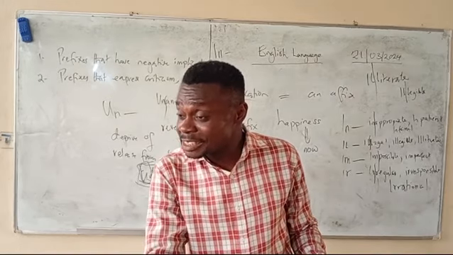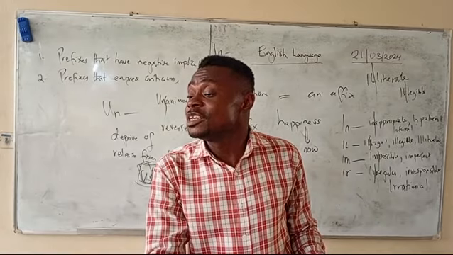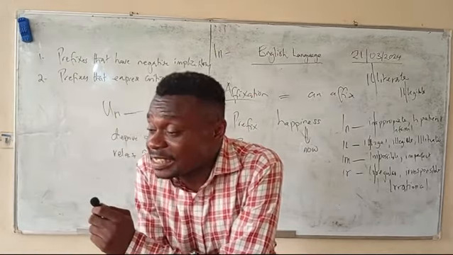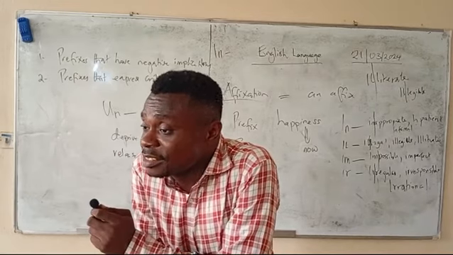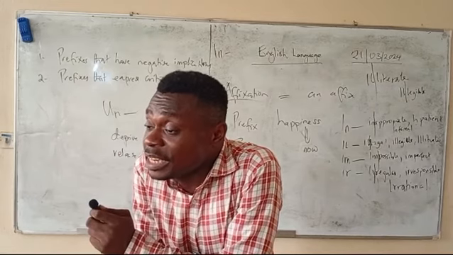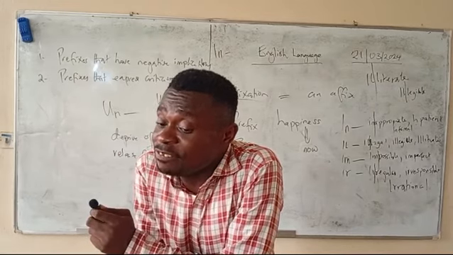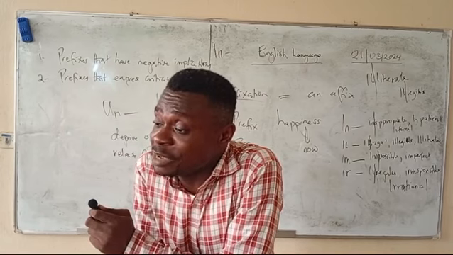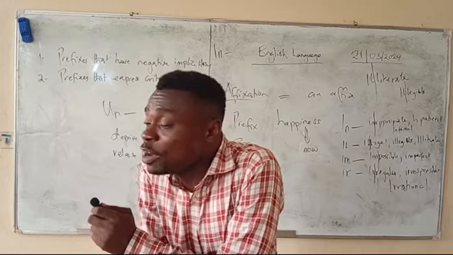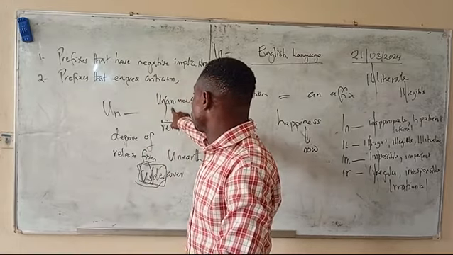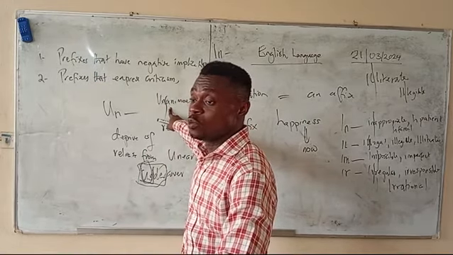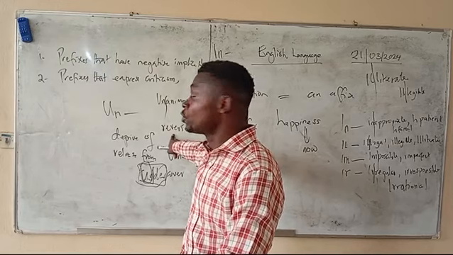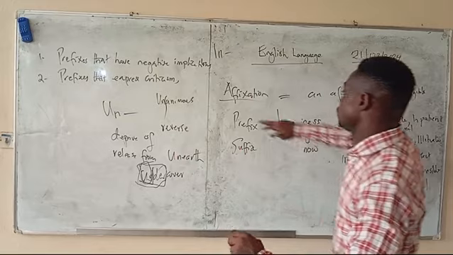There are some adjectives that, even though they have the prefix in, don't really show negative implication. In fact, they have almost the same meaning as the root word. This main word is called the what? Root word. Okay? Are you following? These words are called the root word. Sorry, not this one.